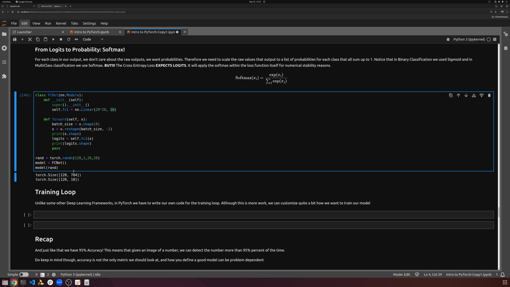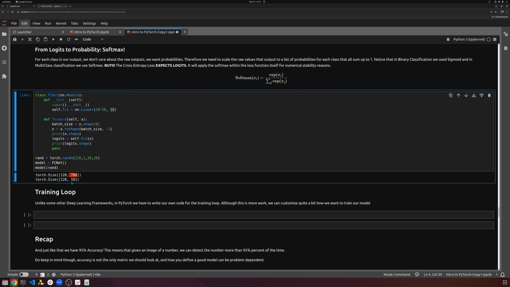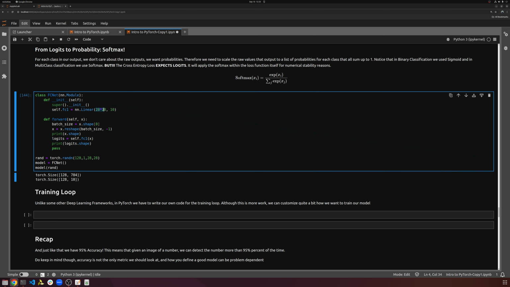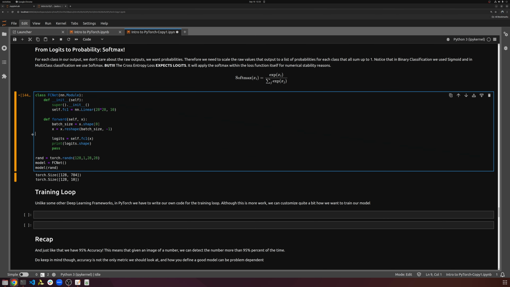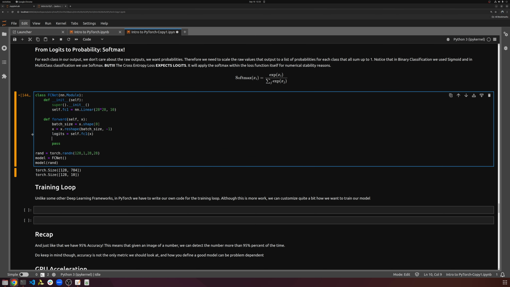You can see how the shapes line up. Linear layers apply to the last dimension. The last dimension here is 784 inputs, so this must have 784 inputs. For the last layer we want 10 outputs, so it has 10 outputs. That's basically how it works. There we go, those are logits.